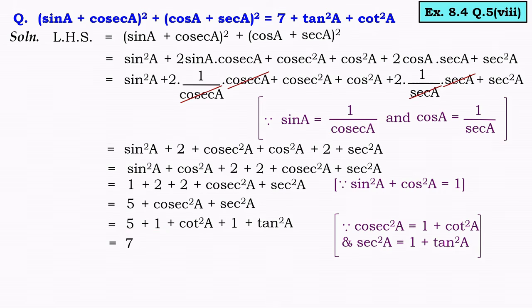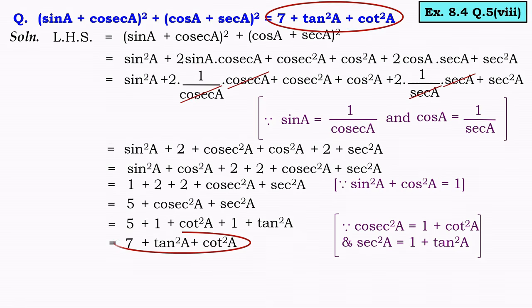Simplifying, 7 + tan²A + cot²A. This is exactly the right-hand side. Hence, the left-hand side is equal to the right-hand side. Therefore, (sin A + cosec A)² + (cos A + sec A)² is equal to 7 + tan²A + cot²A.